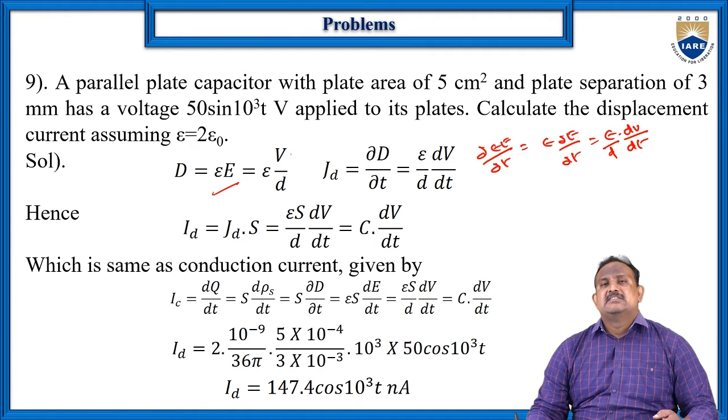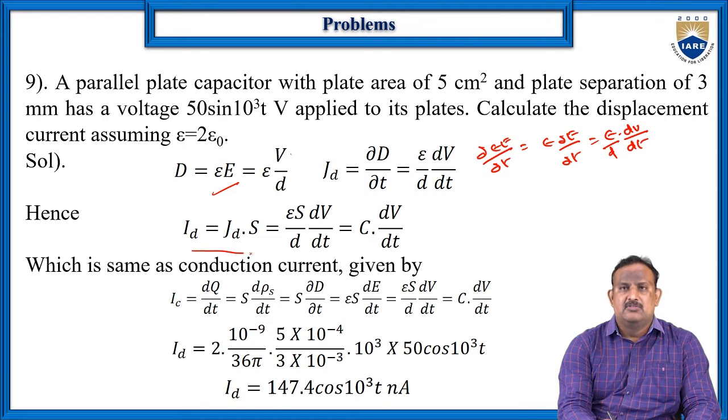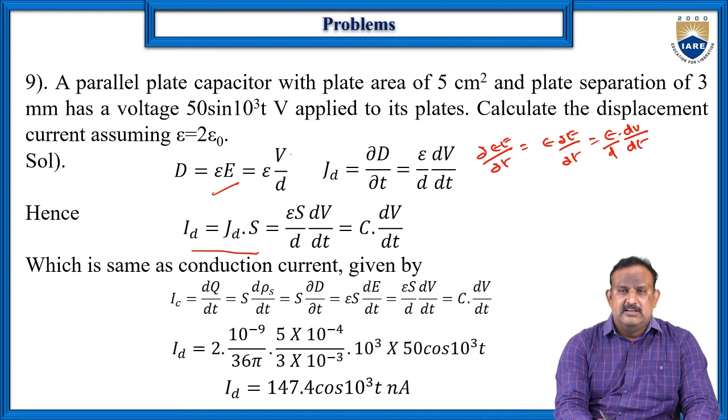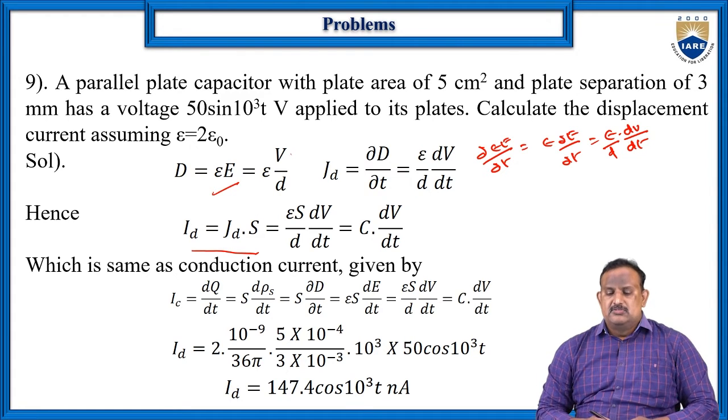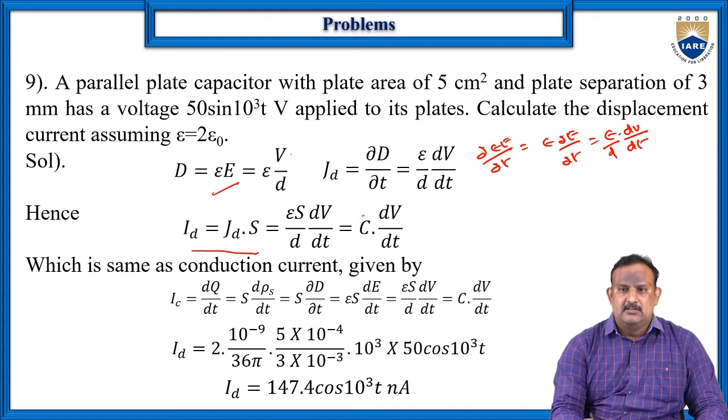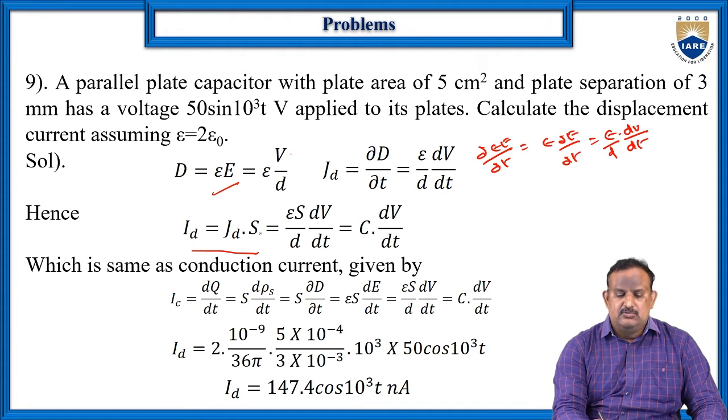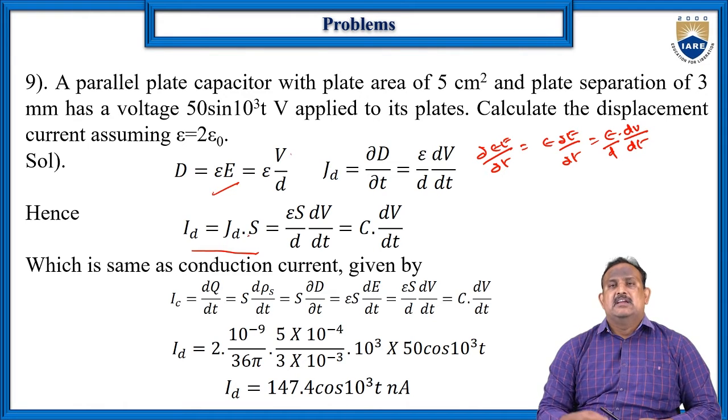And we know that the current I_D is equal to J_D into S, where J_D is the current density and S is the surface area.